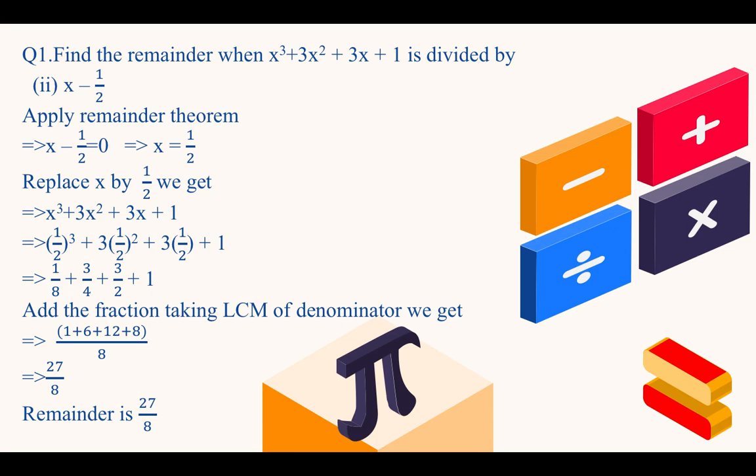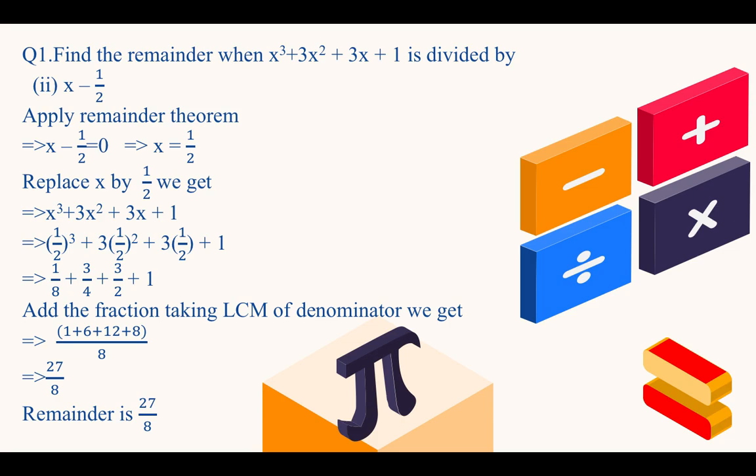So now we will put the value of x in the given polynomial. X cube. So I will write 1 by 2 whole cube plus 3x square means plus 3 1 by 2 whole square. 3x means 3 multiplied by 1 by 2 plus 1.